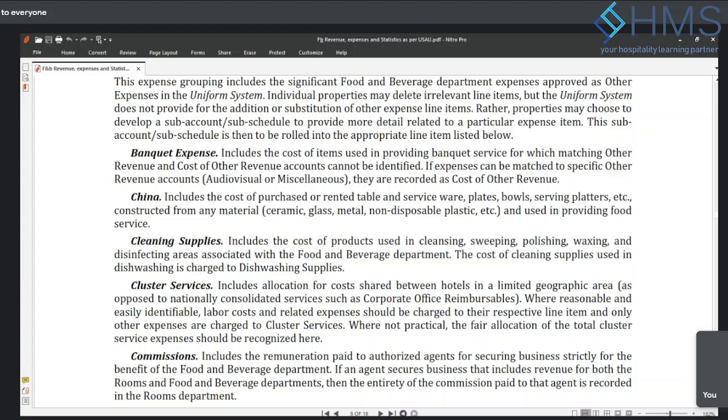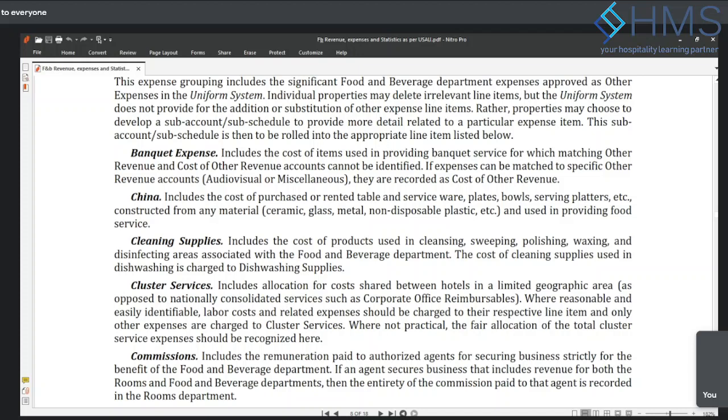Sometimes you may want to classify these expenses into separate cost centers, split out between the outlets, so that in case you are asked for the profitability of different outlets, you can give them, because cleaning supplies can be identified per cost center.